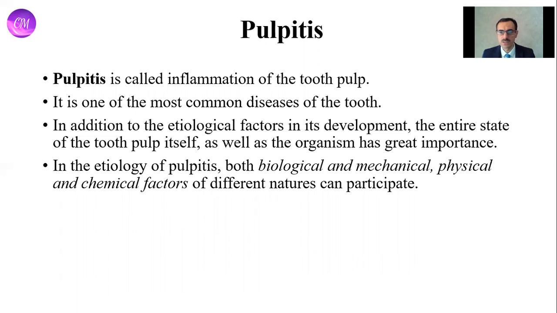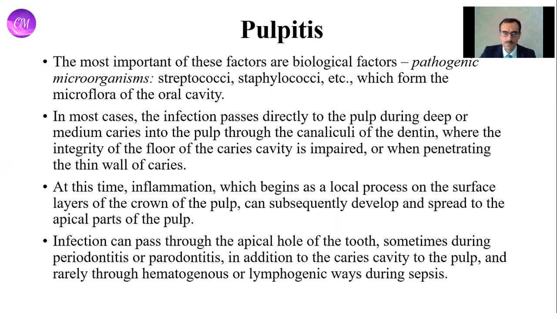There are biological, mechanical, physical, and chemical factors that play a role in the etiology of pulpitis. The most important of these factors are biological factors, the pathogenic microorganisms such as streptococci and staphylococci, which form the microflora of the oral cavity.